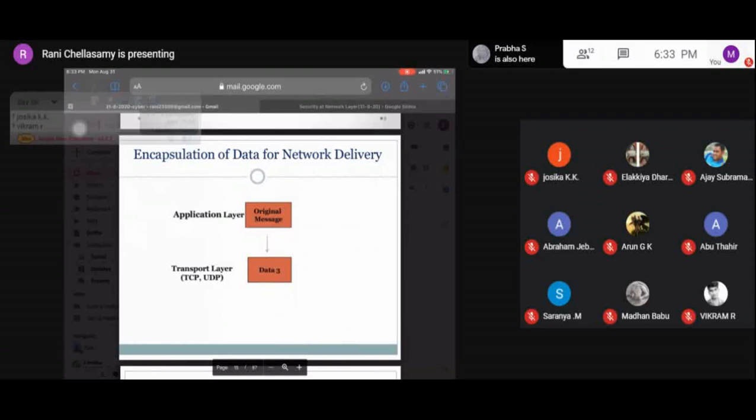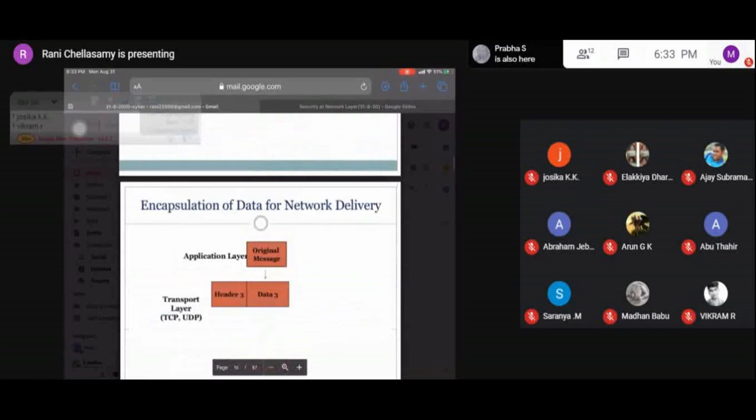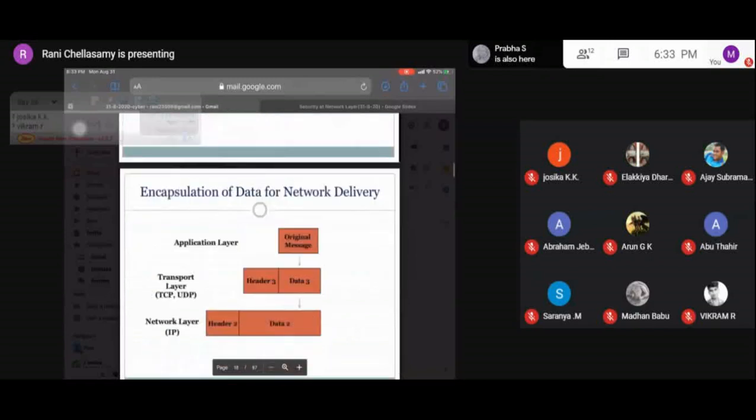The protocols used are TCP and UDP. At the transport layer, a header is attached to the data. The next layer is the network layer, where the network header is added to the data. Adding headers to the original data is the process we call encapsulation of data.